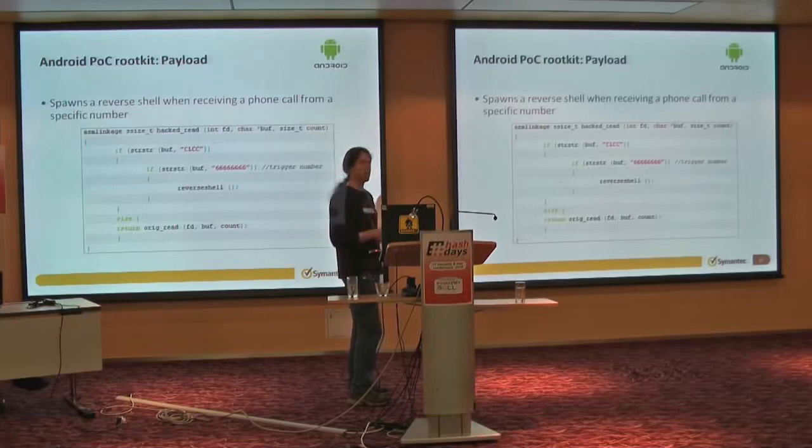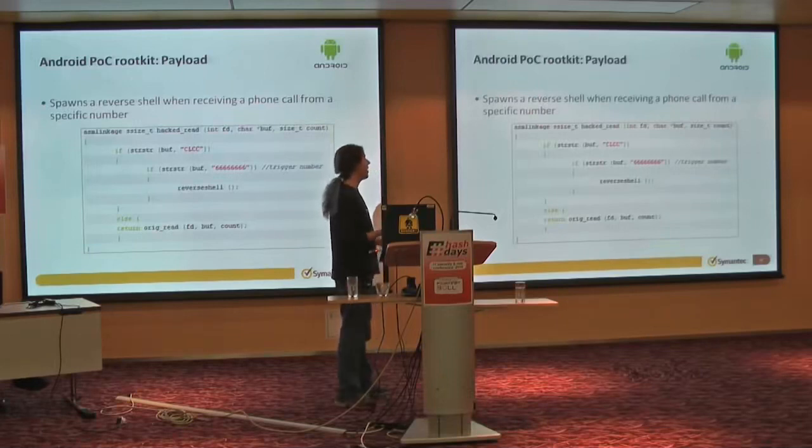That's an AT command you get when you receive a call. Then they're checking the mobile number of who's calling, and if it matches that number, then they spawn a reverse shell. So it's a really easy rootkit, but it shows that a rootkit could be done for an Android platform, and that's what we try to demonstrate.